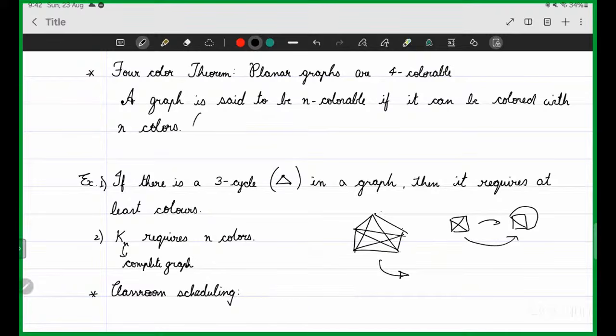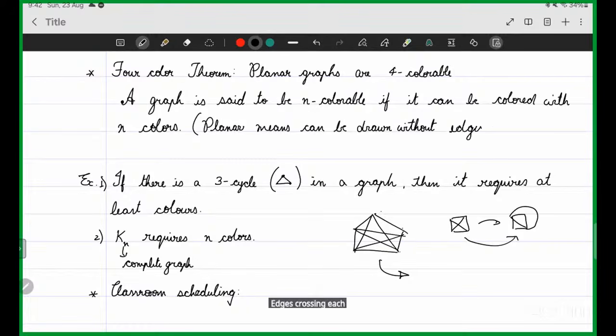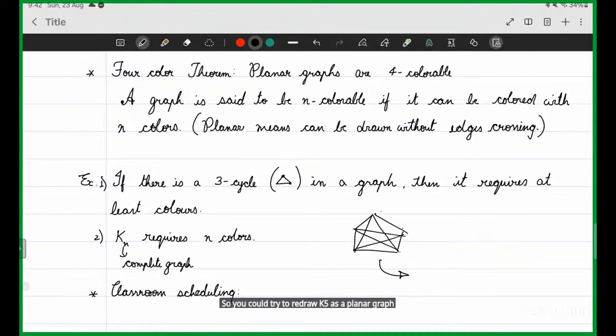So planar means can be drawn without edges crossing each other. You could try to redraw K5 as a planar graph. You will see that you will fail, of course. Otherwise, our 4-color theorem would be false.